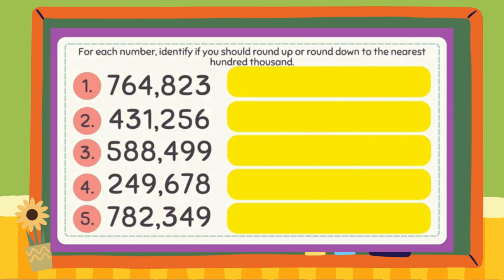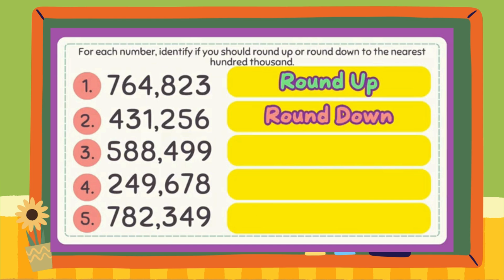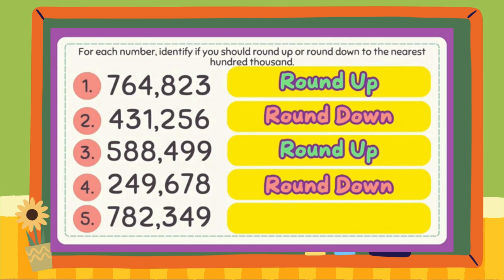Let's answer. Number 1, round up. Number 2, round down. 3, round up. 4, round down. And 5, round up.